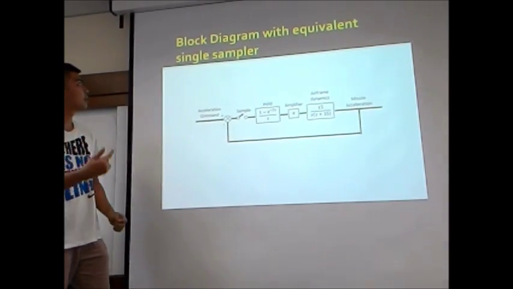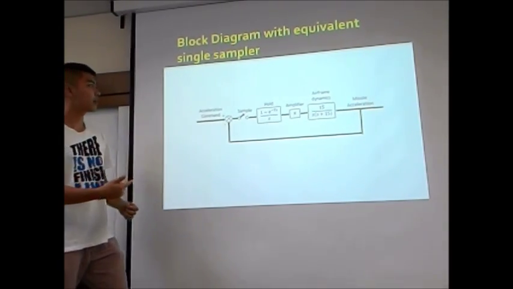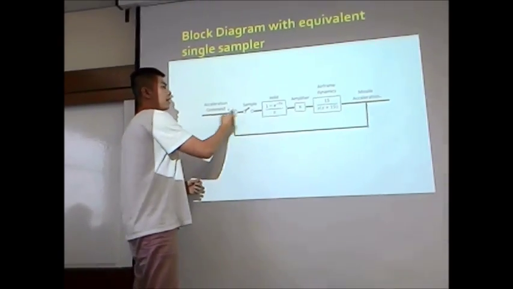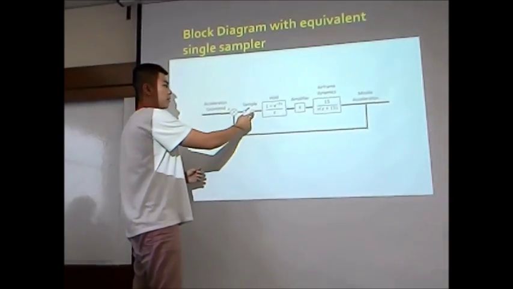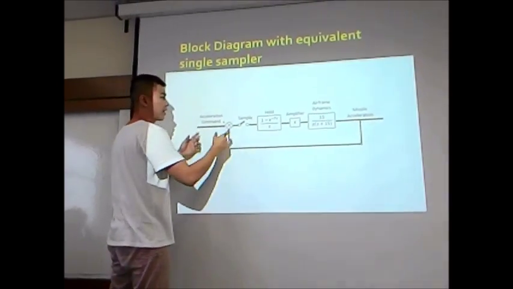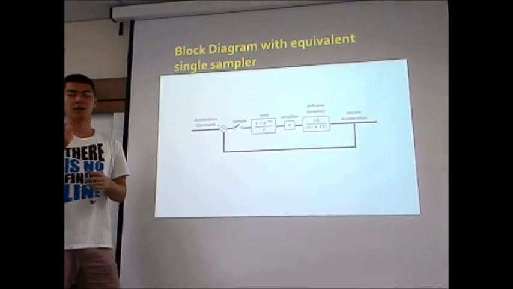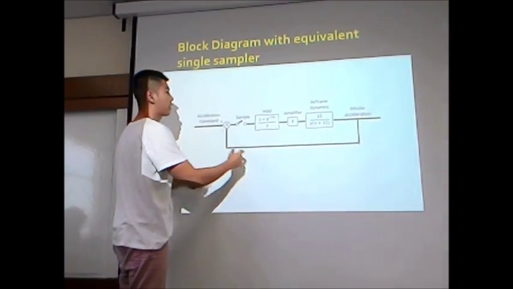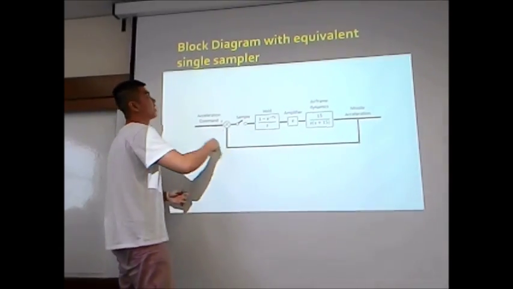This is a similar block diagram, and the only difference is we move our sampler to here. That means from the previous block diagram, we will have two samplers here. We call it an on-off switch between here, then we combine them together.